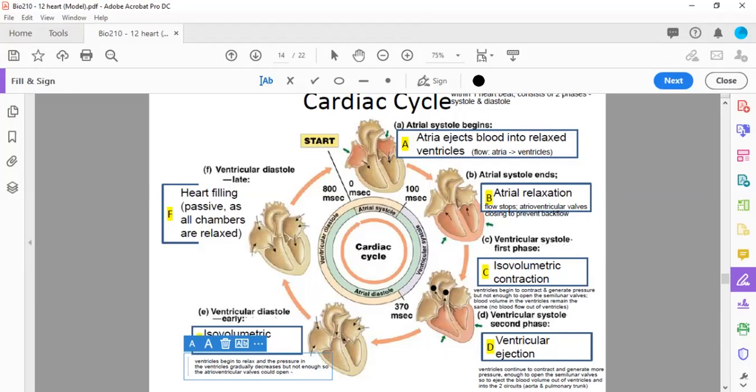For that reason, the volume in the ventricles remains the same.